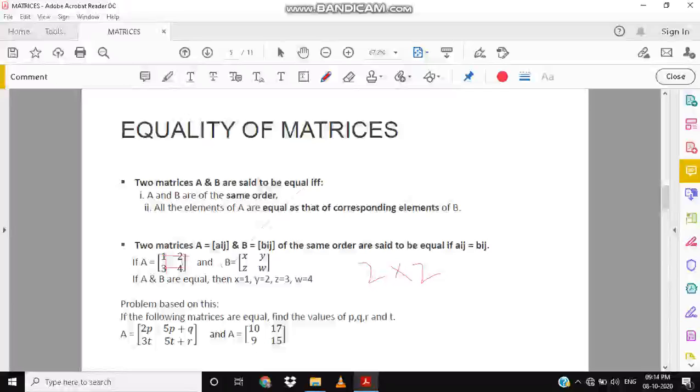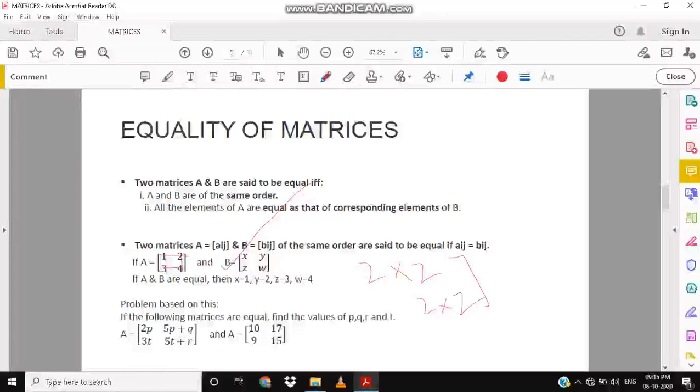Similarly for B matrix, the order of the matrix is also 2 cross 2. Right? So now the order of both the matrices are same. Therefore, we can equate these two matrices. Now the second one is that all the elements of A are equal to the corresponding elements of B. We can say that if the elements of A are the same as the elements of B, then we can easily say that these two matrices are equal, right?